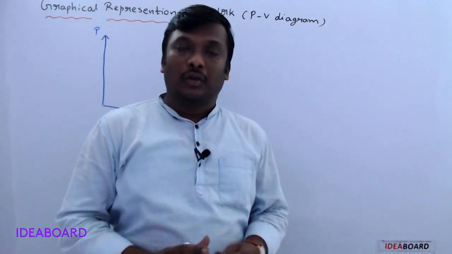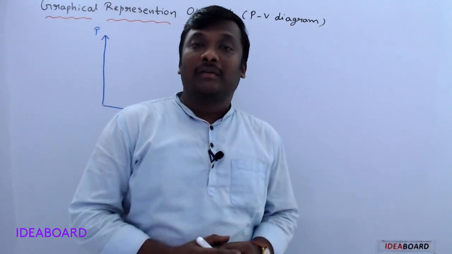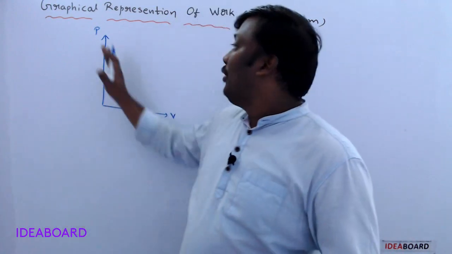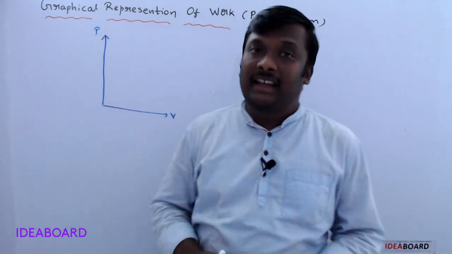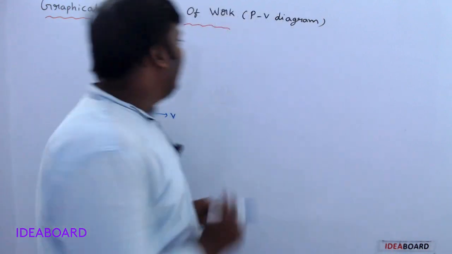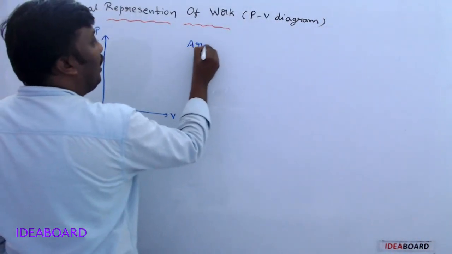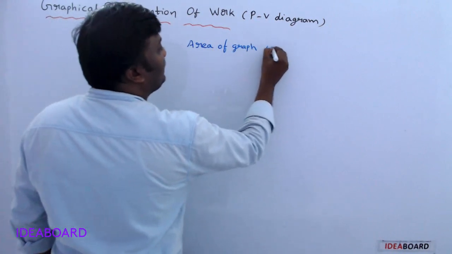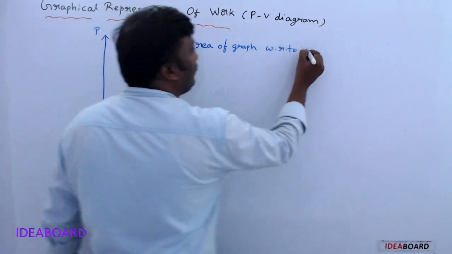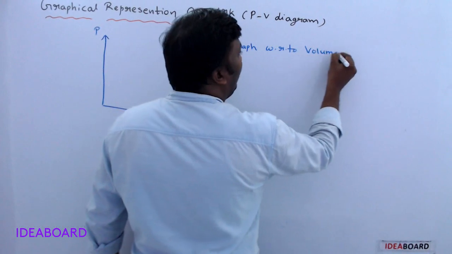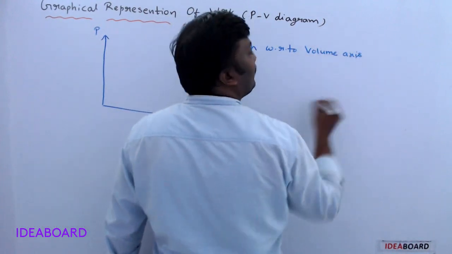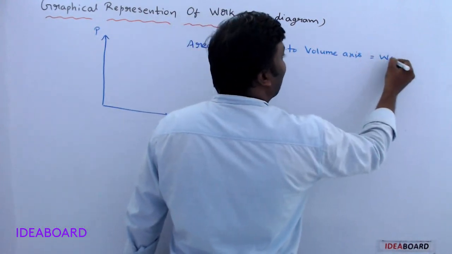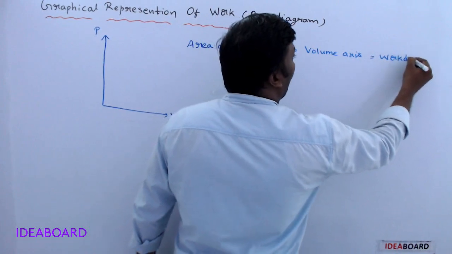If you draw a graph between pressure along the y-axis and volume along the x-axis, then the area of the graph with respect to the volume axis always indicates the work done.